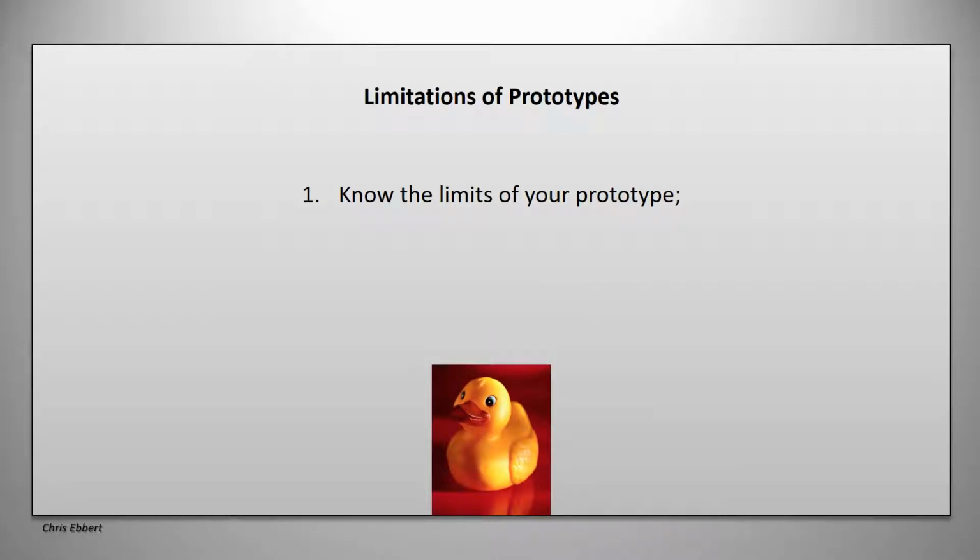So let's say we are making a rubber duck. That is our mass-produced product. And we are making a prototype of the little rubber ducky. Obviously, the real rubber duck is going to be probably a blow-molded plastic piece.